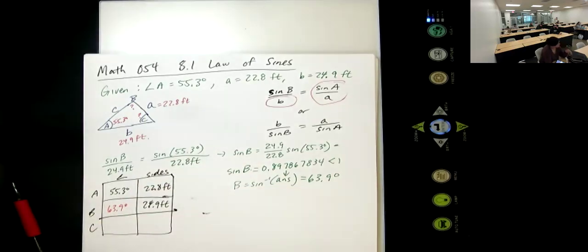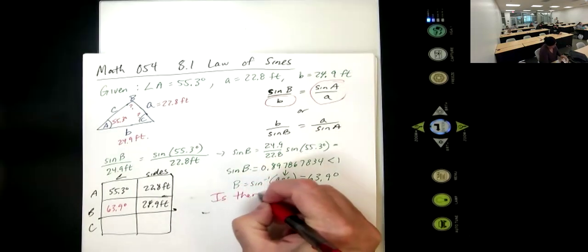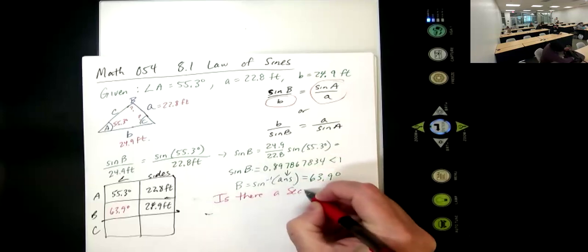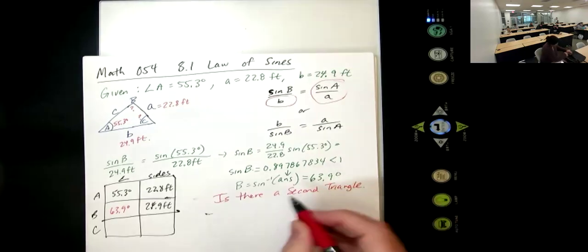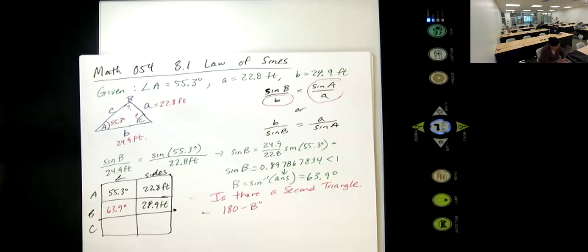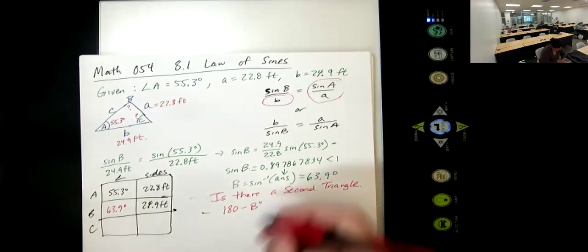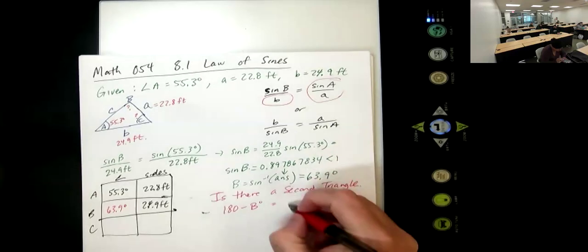To find out if there is a second triangle, before we continue, is there a second triangle? We're going to do 180 minus B. If I do 180 minus that, I get 116.1 degrees.